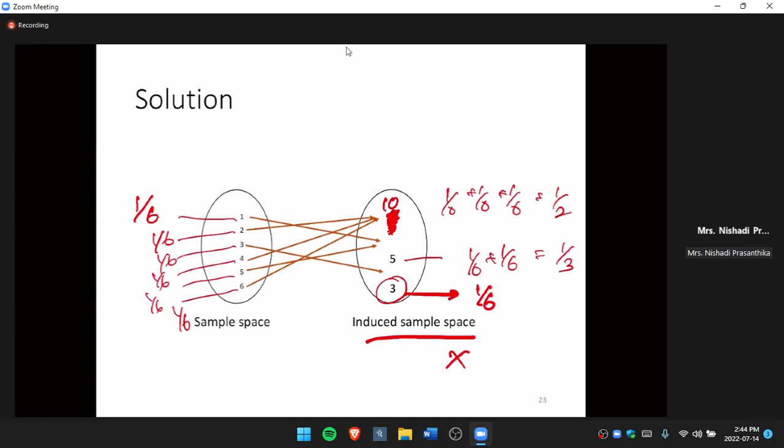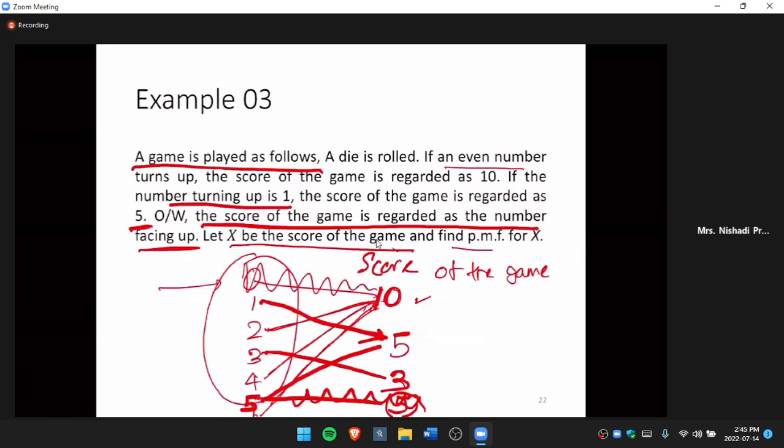Okay, now there's a question from a student. How does the score of the game become 3 when the number facing up is 3? You are asking how we map these, no? Okay, I will explain that again. Read the question carefully. It says, if we get an even number, the score of the game is regarded as 10.